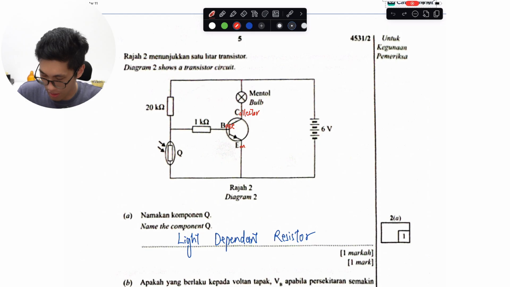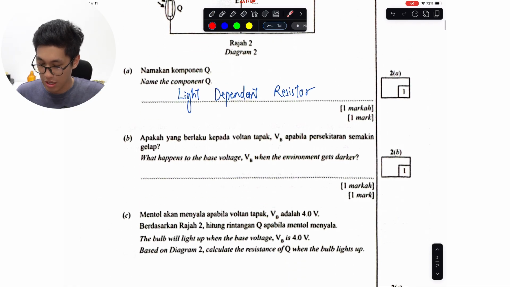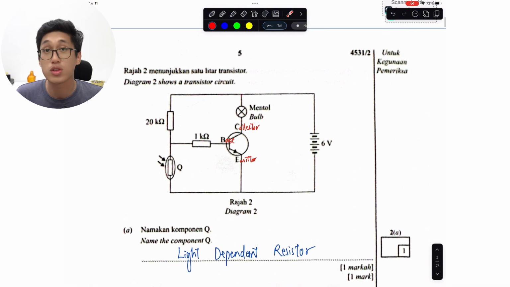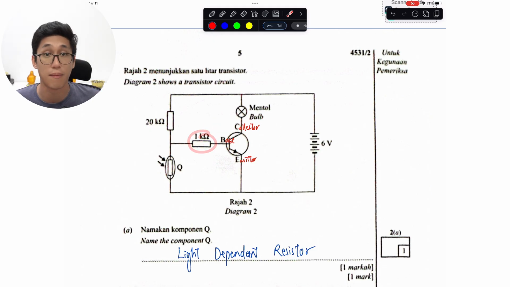So collector, base, emitter. When they say base voltage, they actually mean what is the voltage here at this leg, the B leg. In other words, what is the voltage across this resistor?